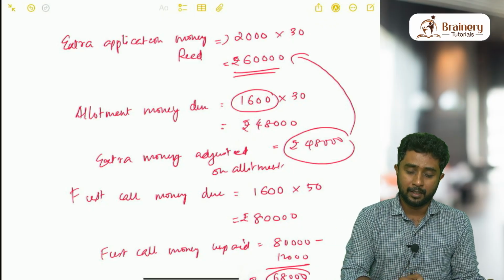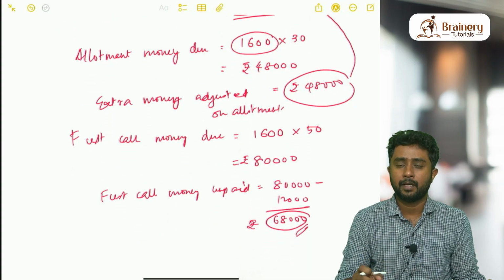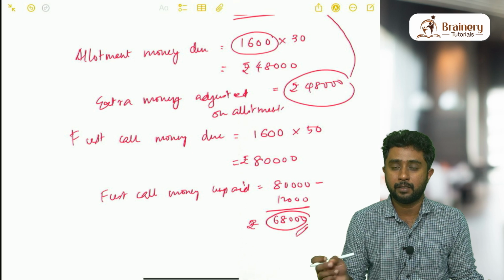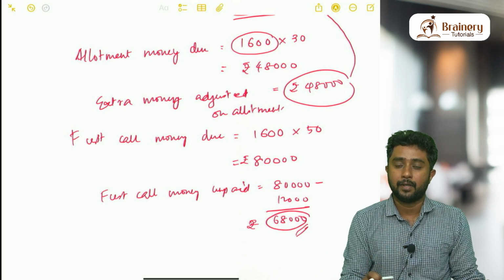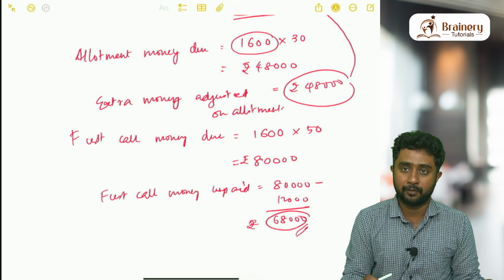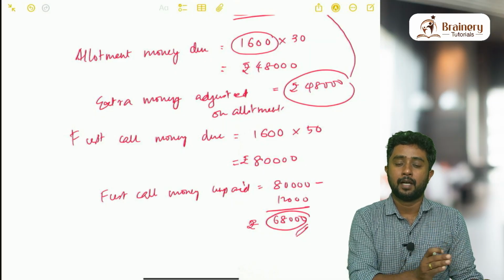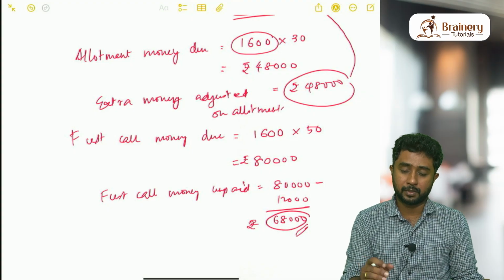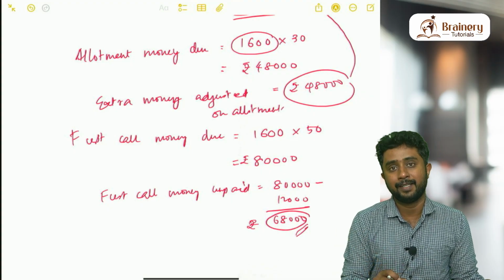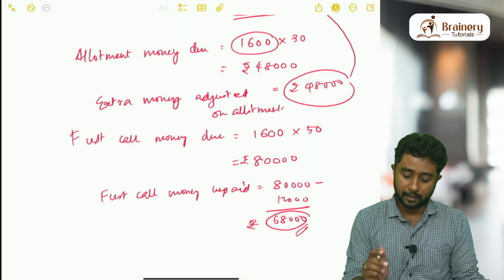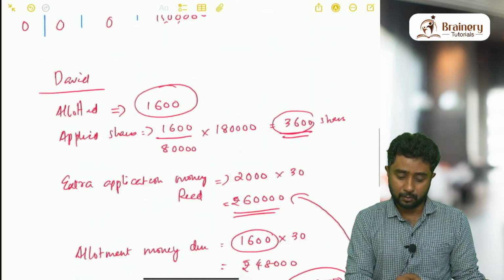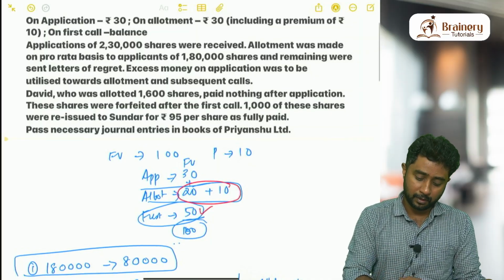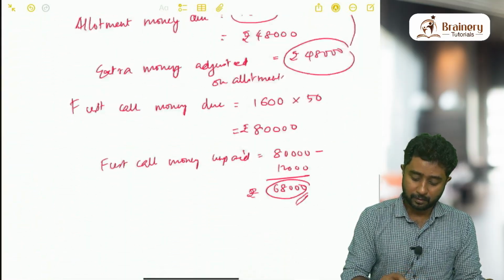Next we found how much he is supposed to pay on first call: 1600 into 50 is 80,000, and we still have 12,000 rupees left after adjusting the extra money for allotment. Using that 12,000, we found the money not paid by David, which is 68,000. This much detail is enough to pass the journal entries, and about the reissue and all we will do once we reach that stage in the entries.